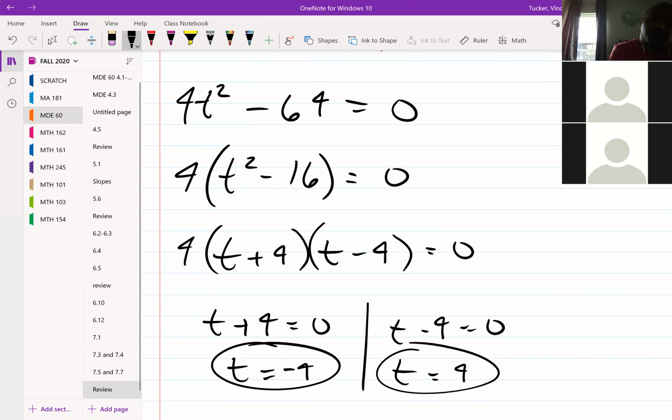Yep. What happens to that 4? Well, remember we're solving for a variable, and there's no variable out here. So all you would be doing is setting 4 equal to 0, which is not true. So there's nothing you can do with that. Now, if it was 4t out here, then you would do 4t equal to 0, and now you can solve for t.